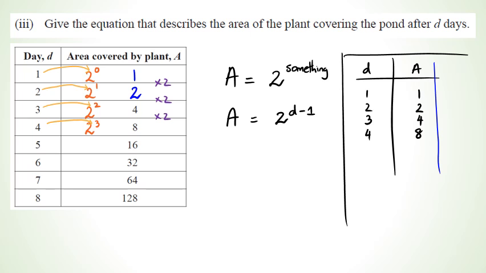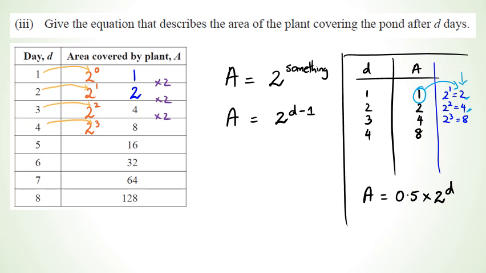But the other way you could have done it is if you put 2 to the power of 1, you actually get 2. 2 to the power of 2 is equal to 4. 2 to the power of 3 equals 8. So what you can see is that a is actually half of whatever this number here is. So half of 2 is 1, half of 4 is 2. So another way you could write this equation would be a equals 0.5 multiplied by 2 to the power of d.